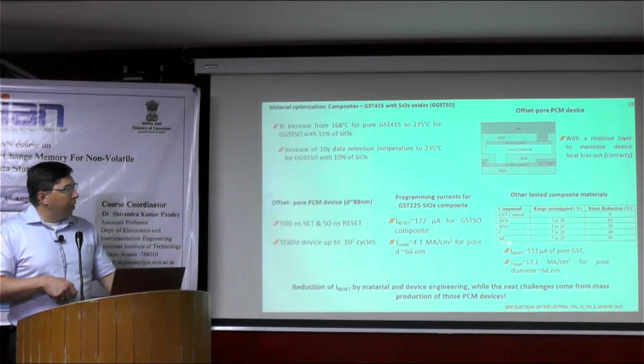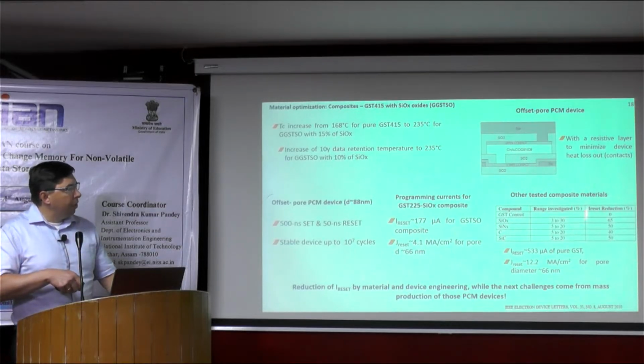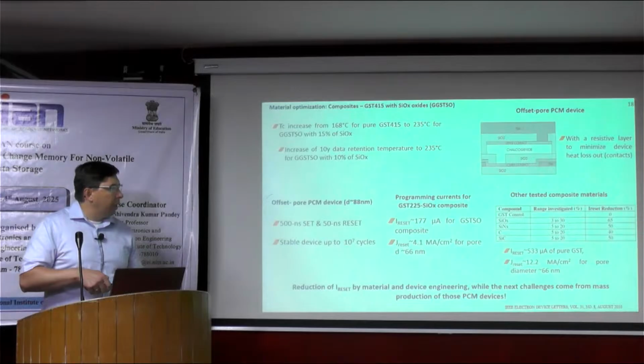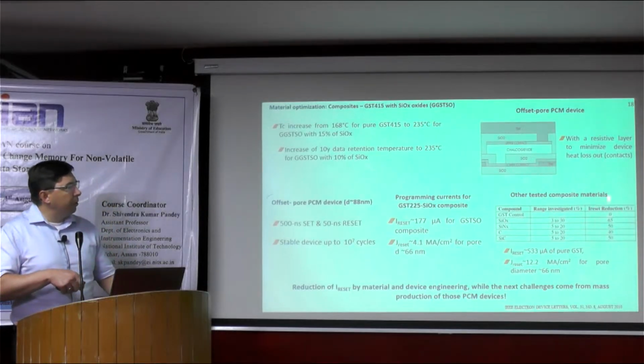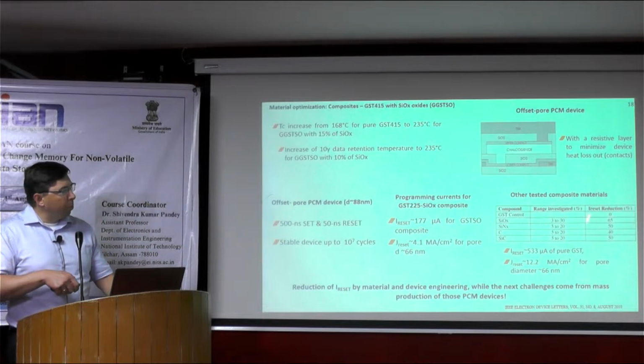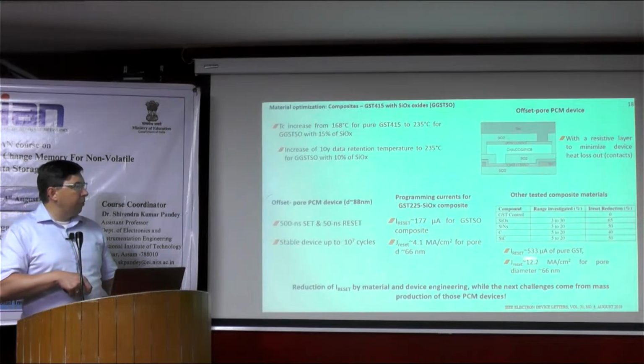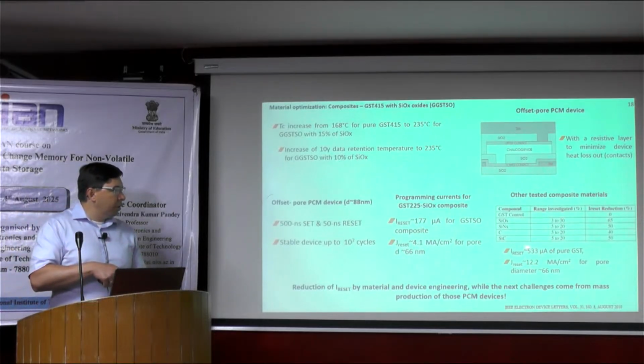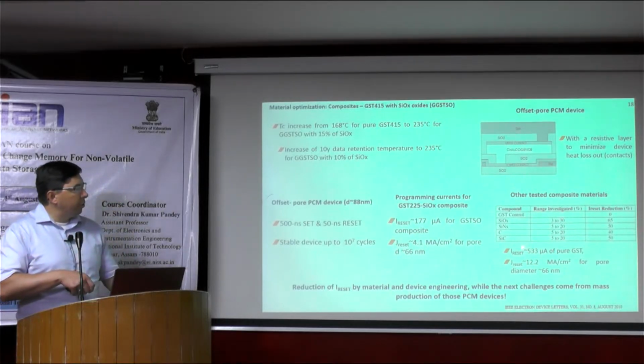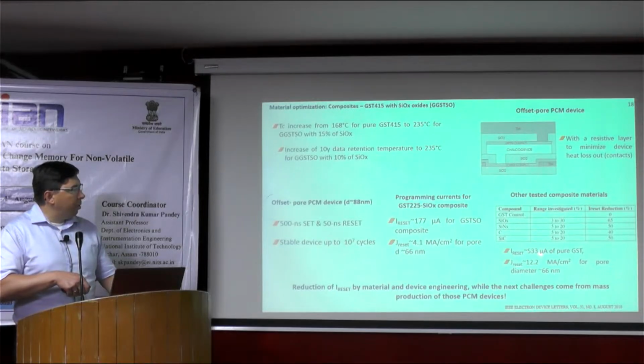Also, other alloys with other materials, carbon, silicon, help to improve the reset current, and they reduce it. If you consider the reset current for pure GST, it's in this range, 435 microamp.